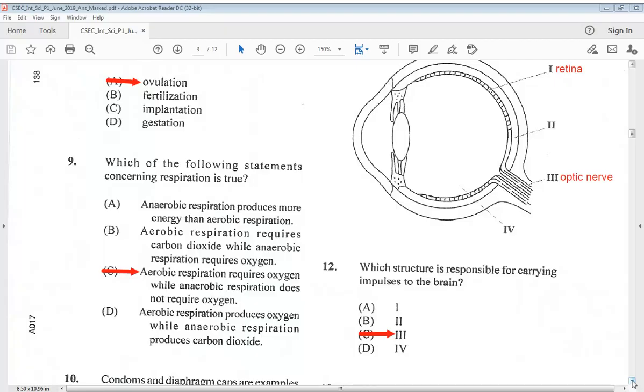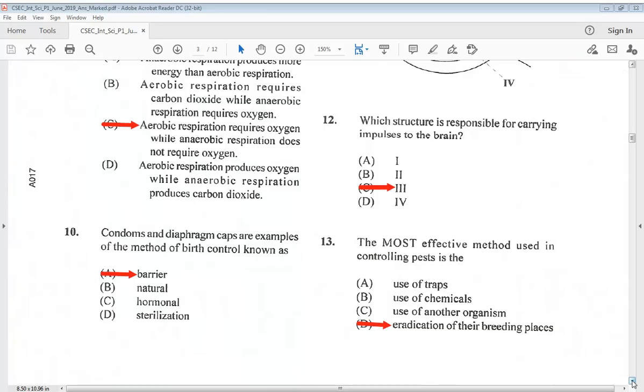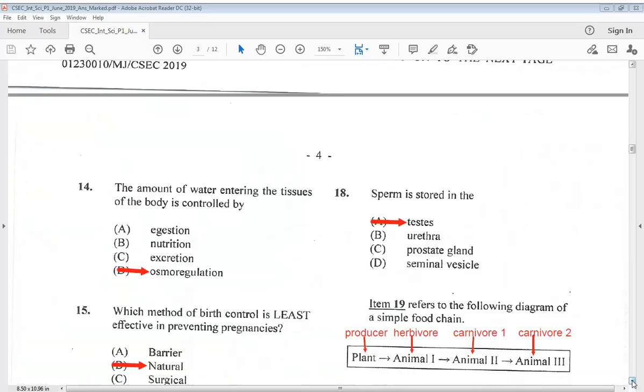The answer is 3, the optic nerve. 13. The most effective method used in controlling pests is A, use of traps, B, use of chemicals, C, use of another organism, or D, eradication of their breeding places. The answer would be D. Your choice is between B and D, so D, eradication of their breeding places.